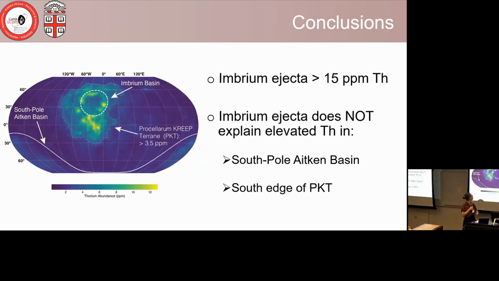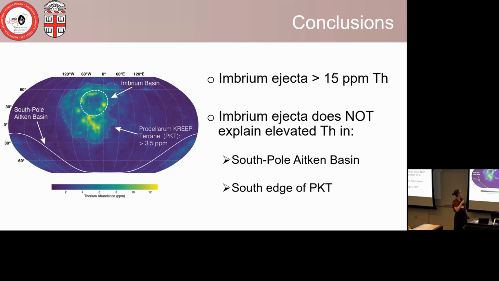To summarize, from the database we have created that estimates the vertical distribution of thorium on the Moon, we have found that the Imbrium ejecta must have been higher than 15 parts per million thorium abundance. From there, we can make predictions about the expected target material that Imbrium would have impacted into, which involves a whole slew of other assumptions and interesting conversations.